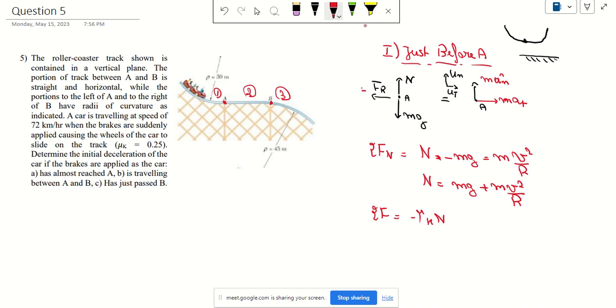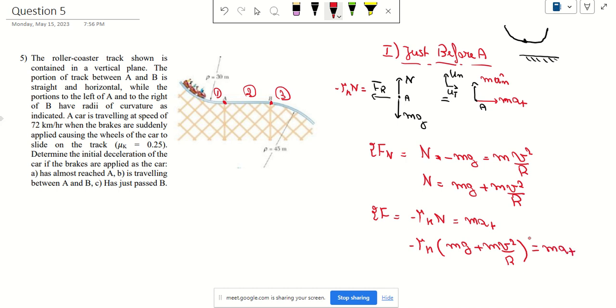Because this is removing speed, so it's equal to minus mu k times N, which is mg plus m v squared over rho, and this is equal to m at.